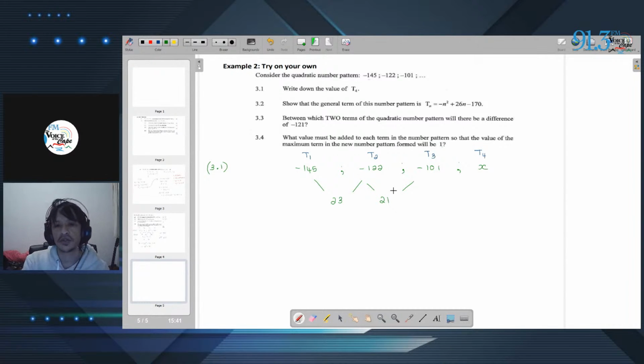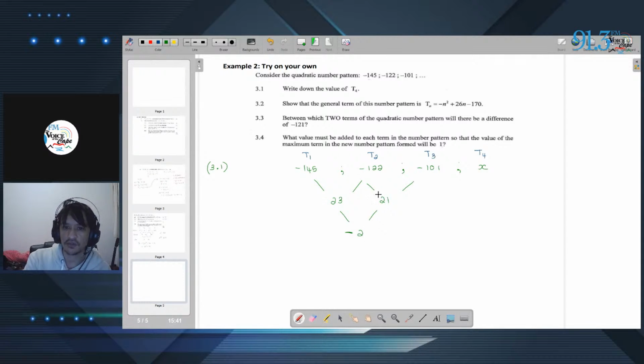Okay. So now we just need to find the second difference. And remember, the second difference is repetitive and constant for any quadratic number pattern. So therefore, this is going to be 21 minus 23, negative 2. So that's our second difference.